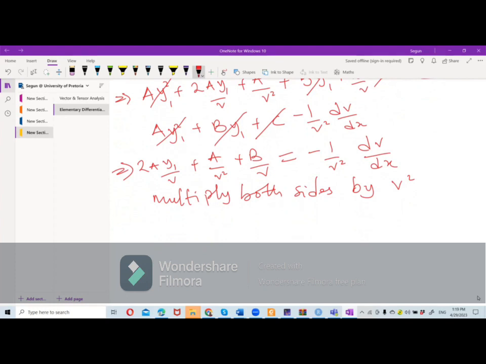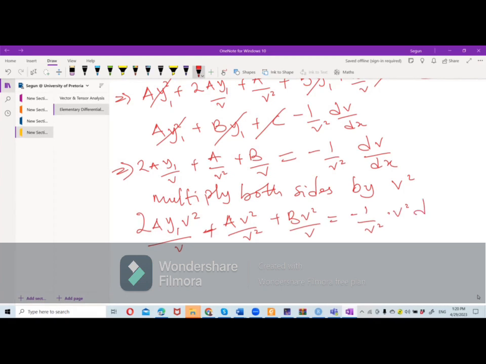We have 2a y1 v squared over v plus a v squared over v squared plus b v squared over v equals minus 1 over v squared multiplied by v squared dv dx.